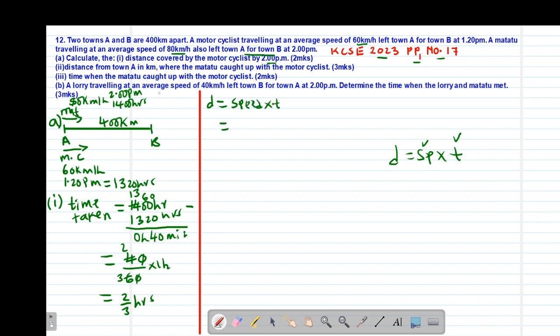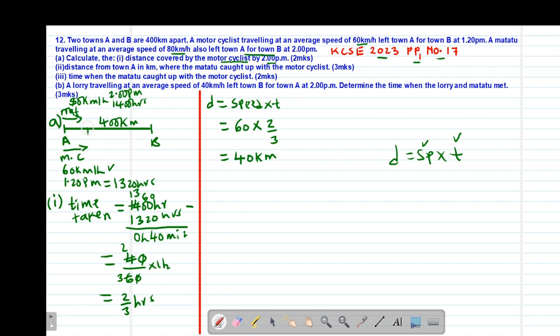Remember we are asked to calculate the distance covered by the motorcyclist, so we use the speed of the motorcyclist, 60 kilometers per hour. So this will be 60 kilometers per hour multiplied by 2/3 hours. If you take 60 multiplied by 2/3, you are going to get 40 kilometers. Therefore, the distance that is covered is 40 kilometers.